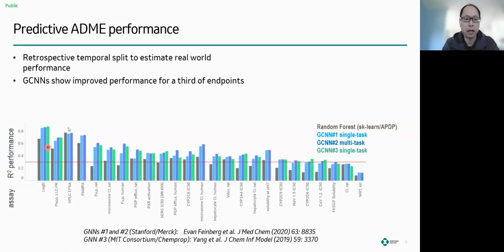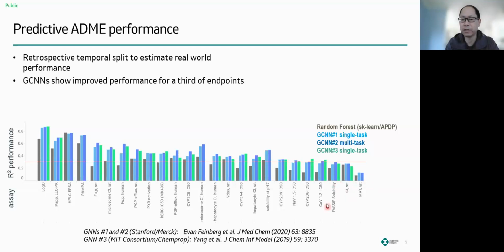And you see that the performance generally improves for all these assays, some more than others, especially for plasma protein binding. This logD improvement turns out to be pretty meaningful, even though it's already well performing with random forest. But there are, on the other end of the spectrum, a lot of the in vivo assays where it's not modeled well.